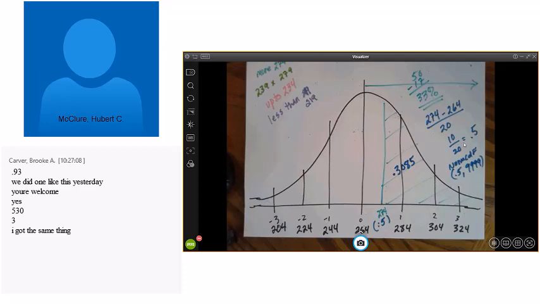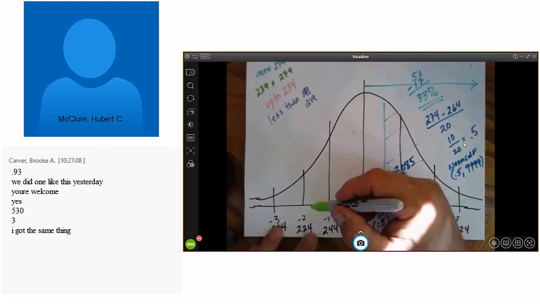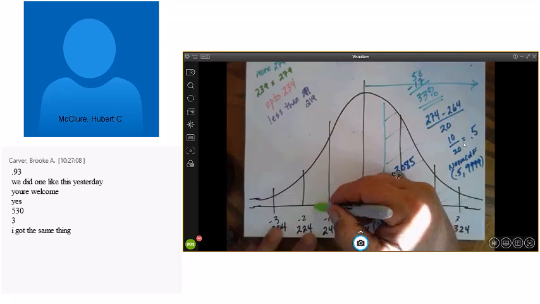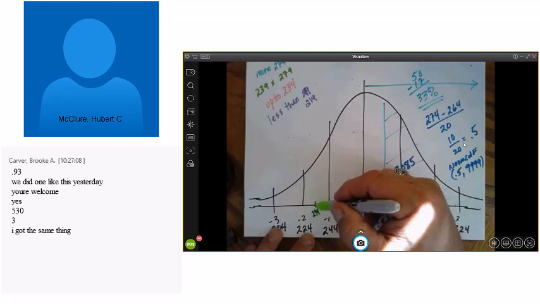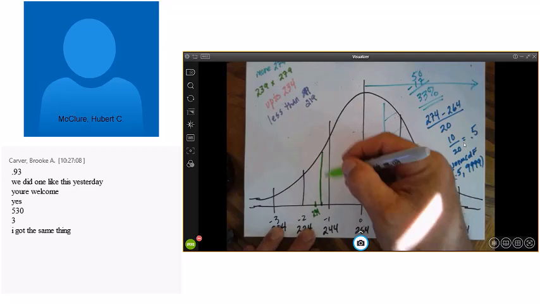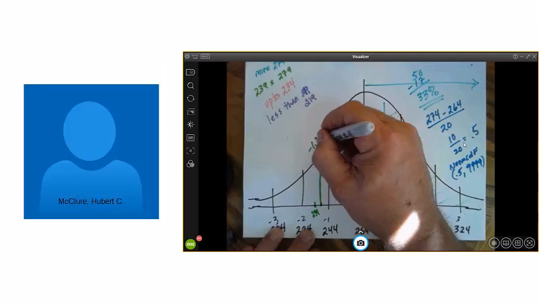Okay, I got the same thing, good. All right, 239. 239, let's see. All right, so this right here would be 234. So 234, that's 10. That'd be 230. That'd be 239 right here. So 239 would be about negative 1.25.